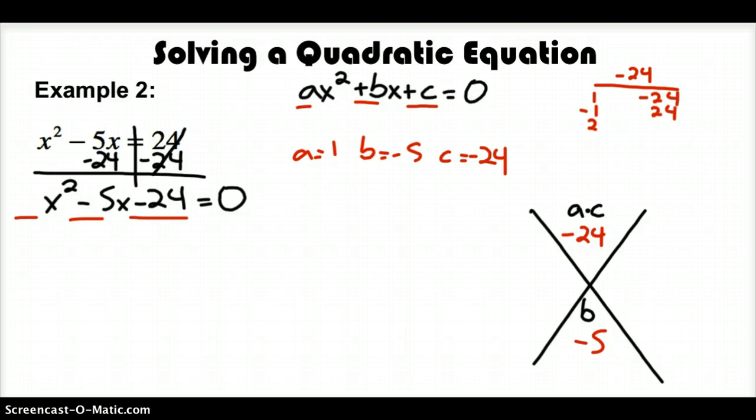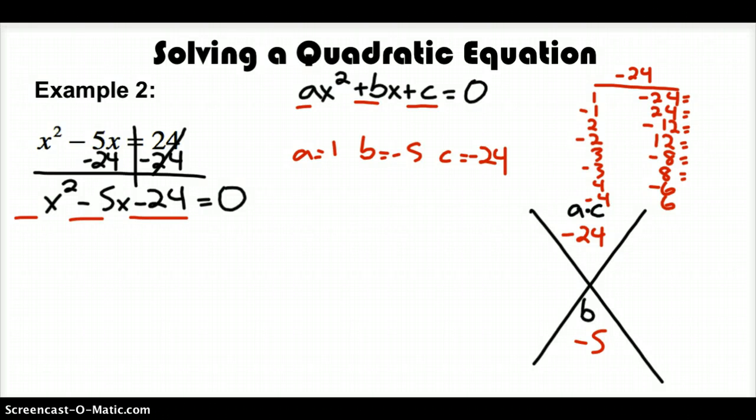Or maybe 2 and negative 12, negative 2 and 12. I could also do, let's say, 3 and negative 8, or negative 3 and 8, or 4 and negative 6, or negative 4 and 6. Right? There's lots and lots of ways that we can actually multiply numbers together to get these, right?